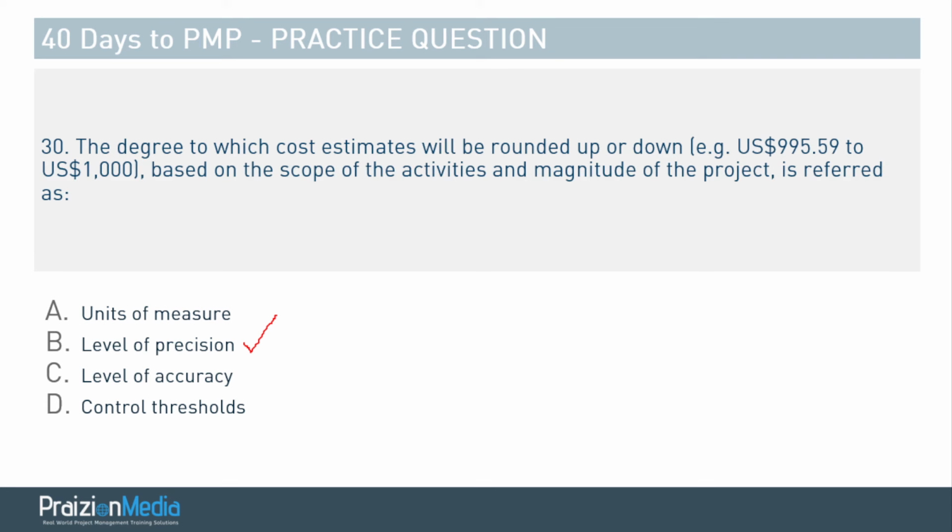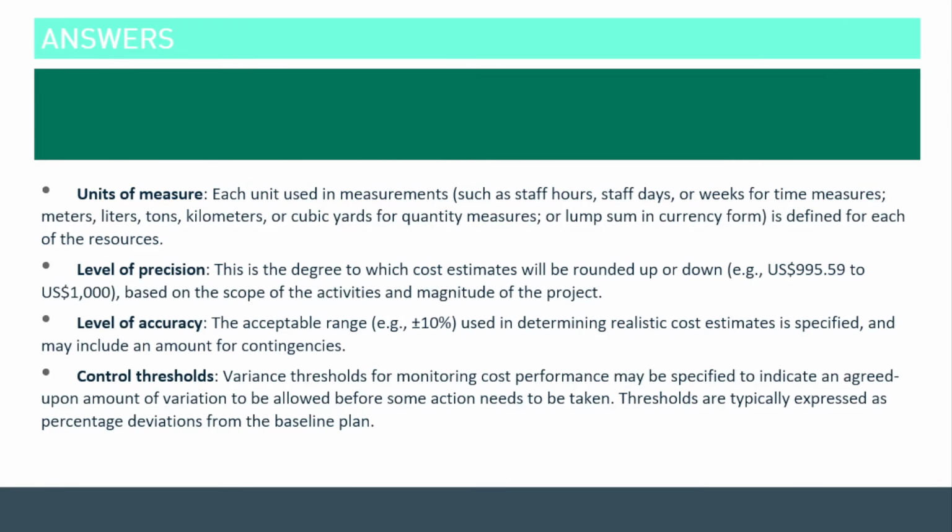Okay? And you can get all of this information if you read through the definitions in the PMP guide. Level of precision, this is the degree to which cost estimates will be rounded up or down. If you have not read the details in the guide, again, I recommend that you do. Open up the guide and understand the difference between the units of measure, level of precision, things like this.